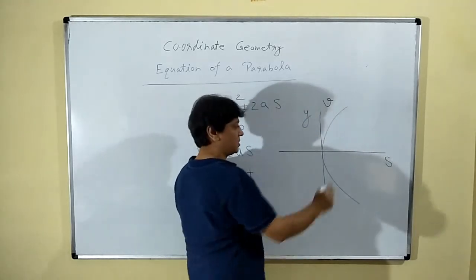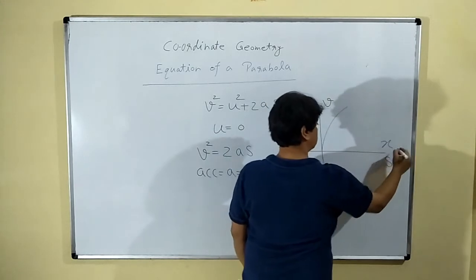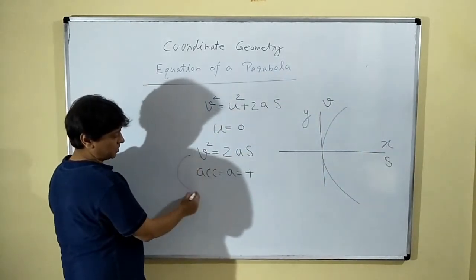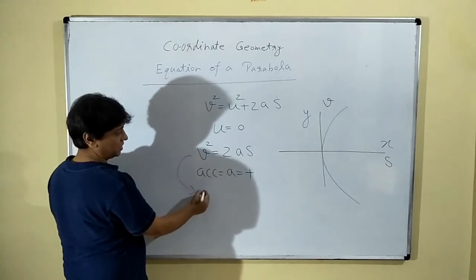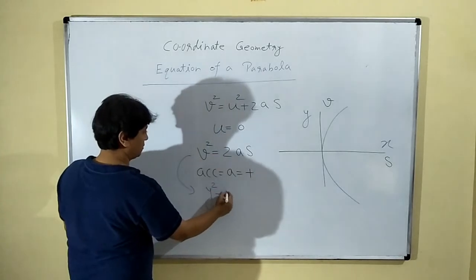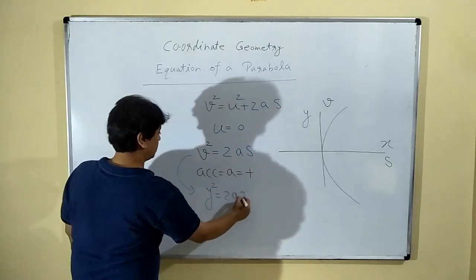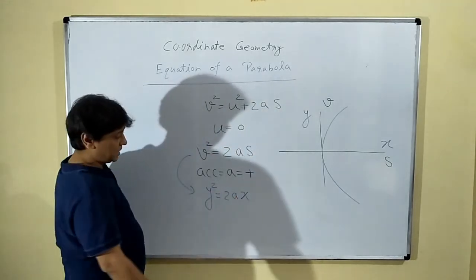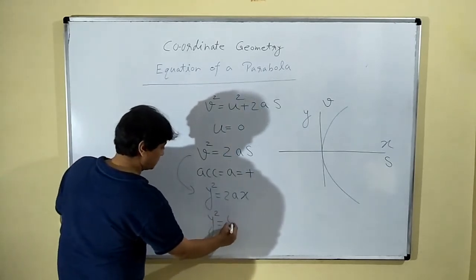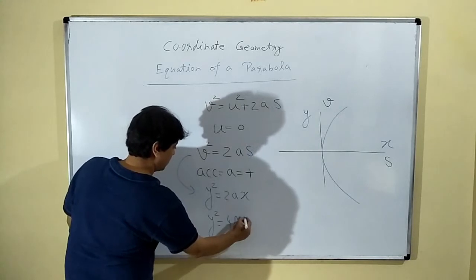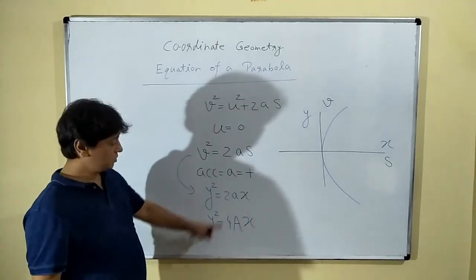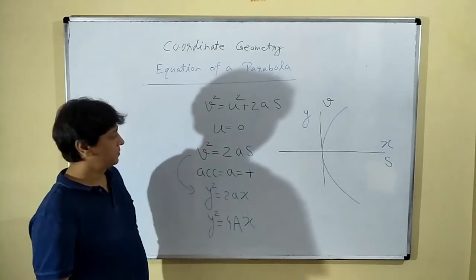v is y, s is x. तो जो हमारी इक्वेशन है, ये इक्वेशन क्या बन चुकी है? y square equals to 2ax. And let's compare this equation with y square equals to 4ax. पता है आपको what is small a, what is capital A?